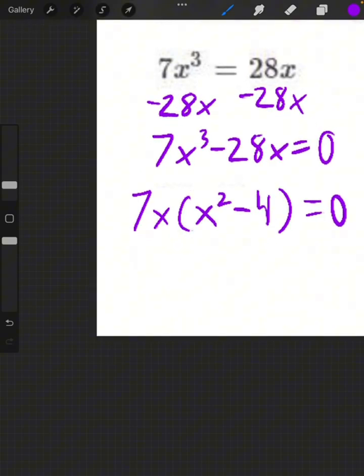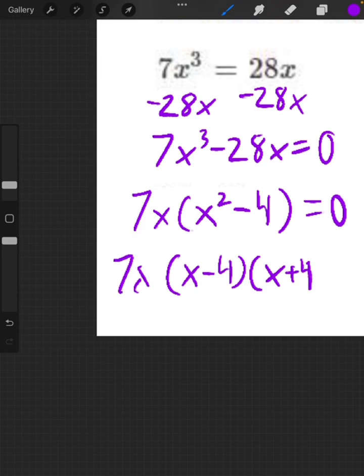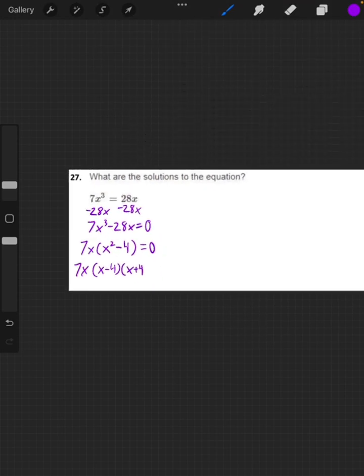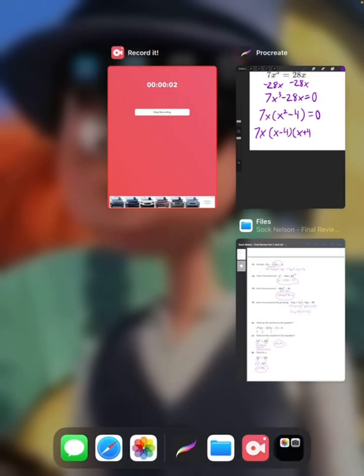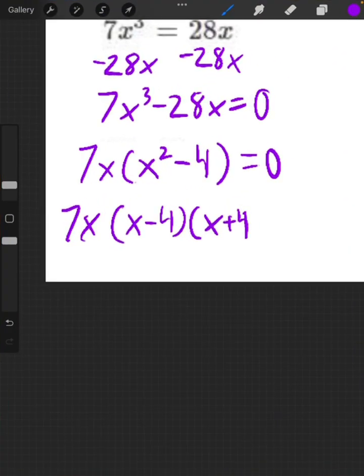We can factor this even more, which would get us x minus 4 times x plus 4. Oh wait, it should be x minus 2 times x plus 2. And obviously, we already have the 7x. So the solutions, I don't know if it's asking for zeros. Yeah, it is asking for zeros.